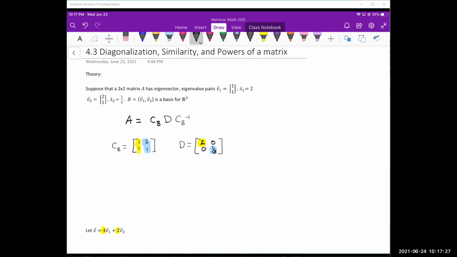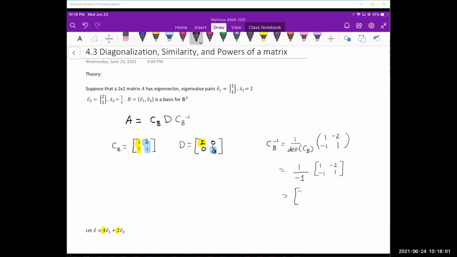Okay, so we've got one more piece to find, which is the inverse of the coordinate map. So we do 1 over the determinant of CB. We switch the diagonal entries and negate the off diagonals. So this is 1 over 1 minus 2, 1 over negative 1 times 1, negative 2, negative 1, 1.